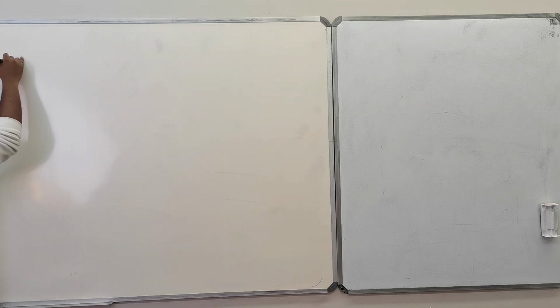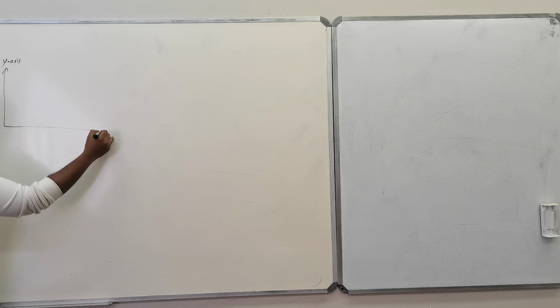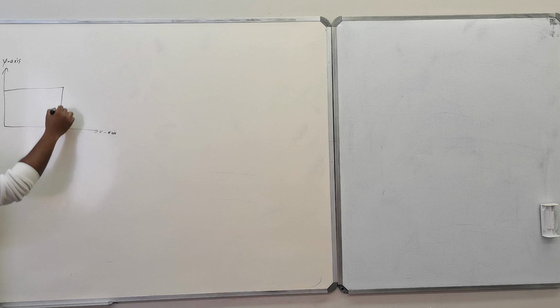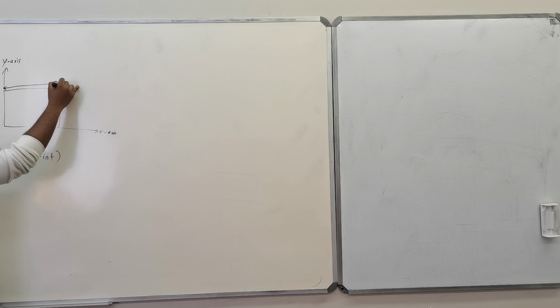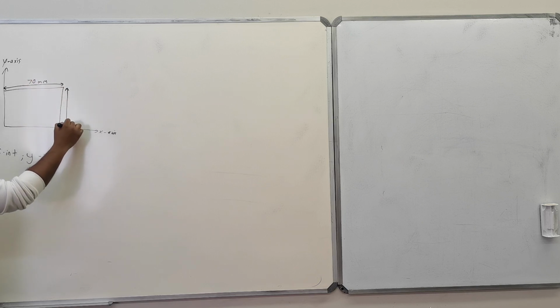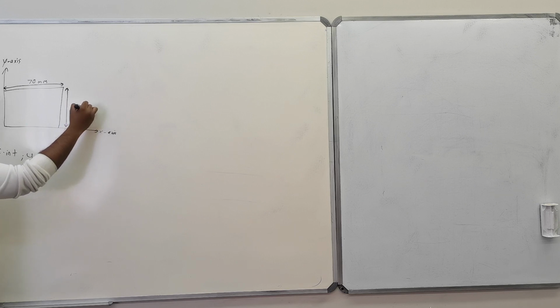If this is your y-axis and this is your x-axis, and I have a rectangle here and I want the coordinates of the center, remember with a coordinate you would write an x value and a y value. So if I told you that this here is 70 millimeters and this here is 50 millimeters.